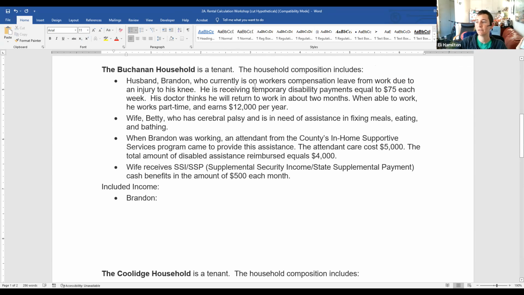So I think you would want to figure out how many weekly payments Brandon would be getting in real life before he's expected to go back to work. And so for the sake of this hypothetical, let's just say that this 2 months means 8 weeks of the disability payments. Does that make sense? Yeah.